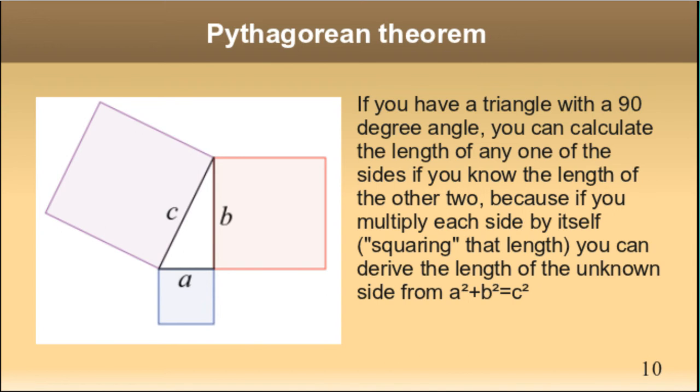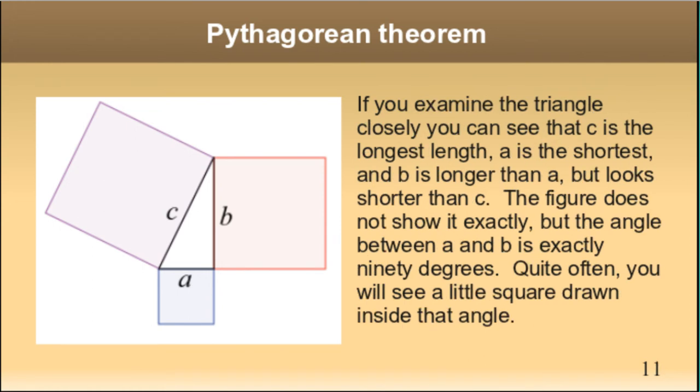Because if you multiply each side by itself, that is to say, squaring that length, you can derive the length of the unknown side from this formula. A squared plus B squared. Adding together those two areas gives you the area of C squared.